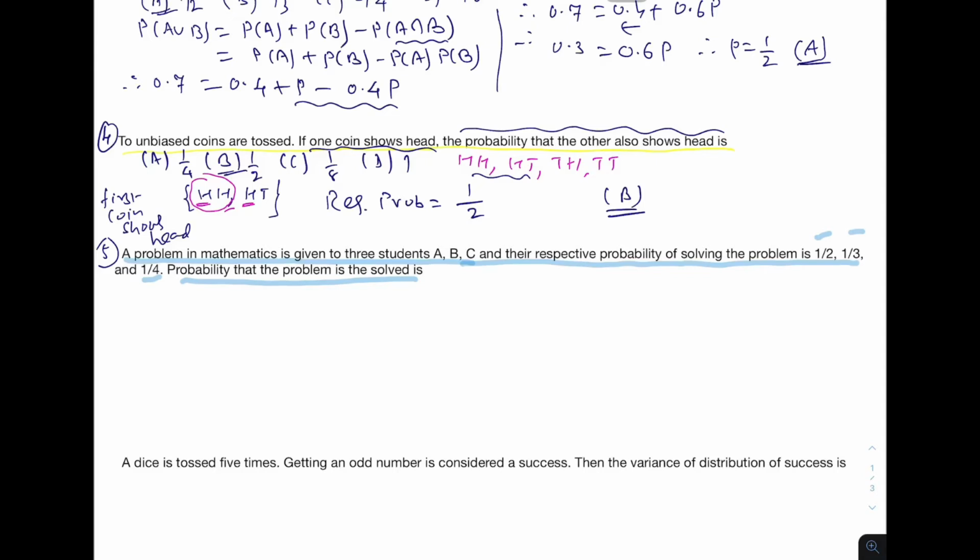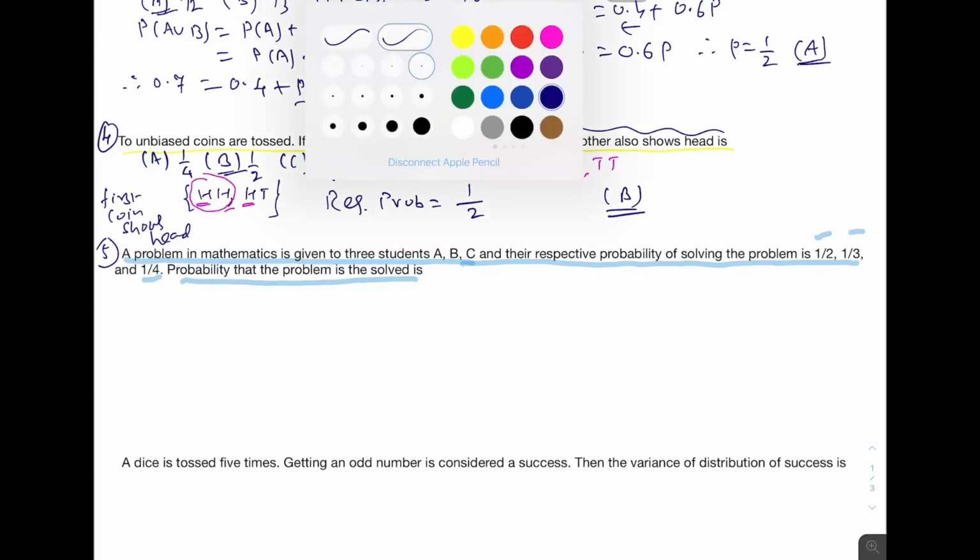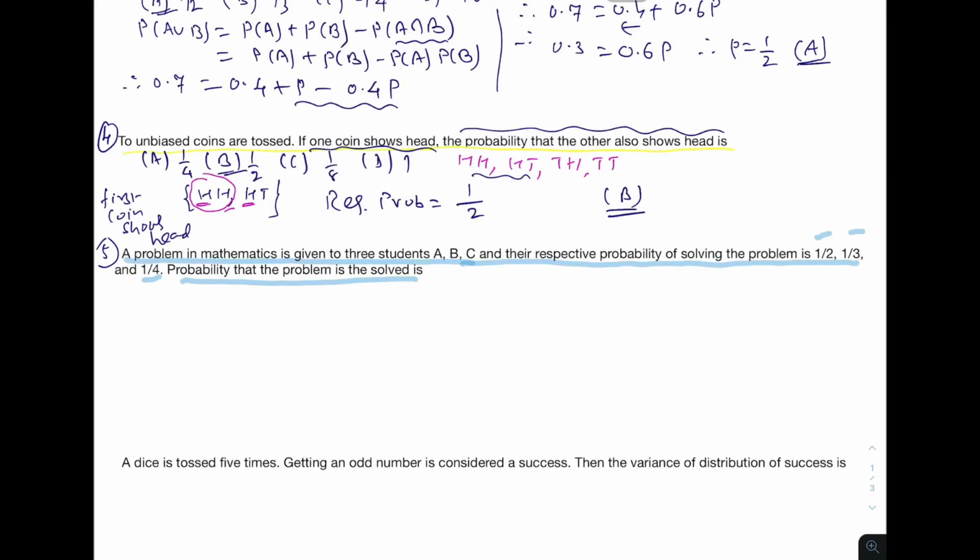Okay. So options here given as 3 by 4, 1 by 2, 2 by 3, 1 by 3.